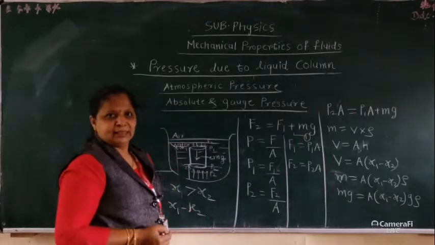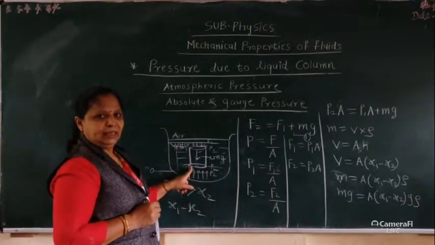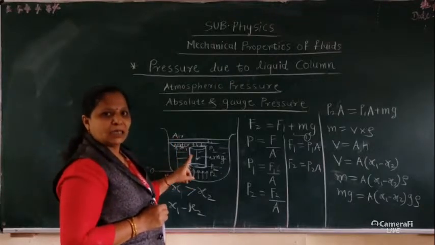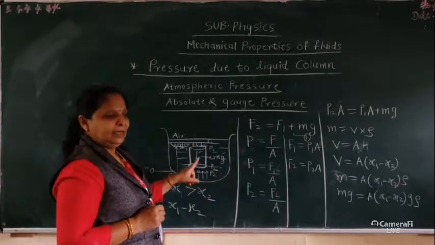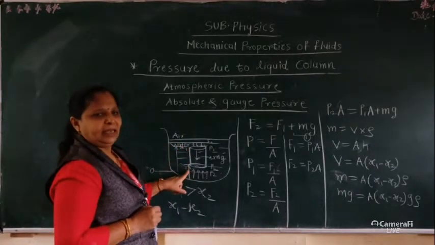Rho means the density of the liquid. M is the mass of the liquid which is in the cylinder, and the height of this liquid column is x1 minus x2.